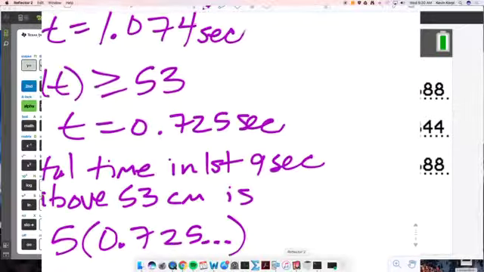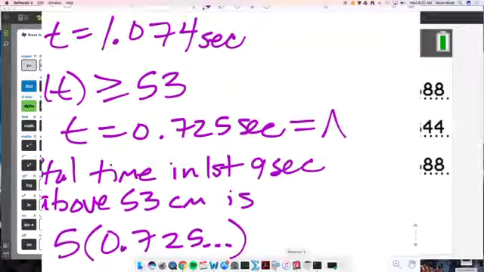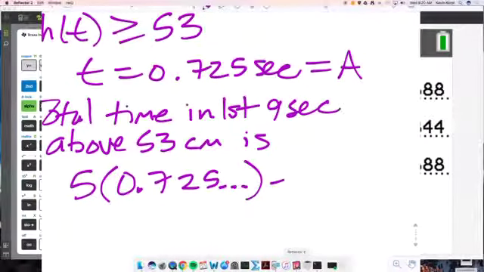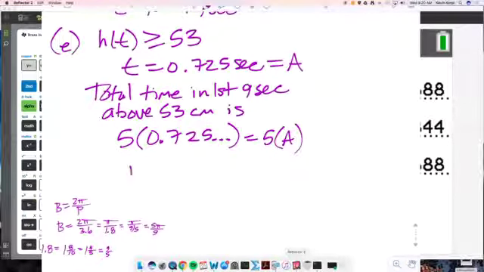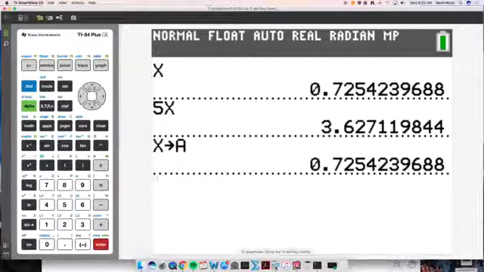And if you did store it as A, then on your paper up here when you put t equals, you're going to want to do that as A. And then, of course, you could show me your work by just saying 5 times A, which would be the same thing. So in the end, our final answer is 5 times A, which we already have.